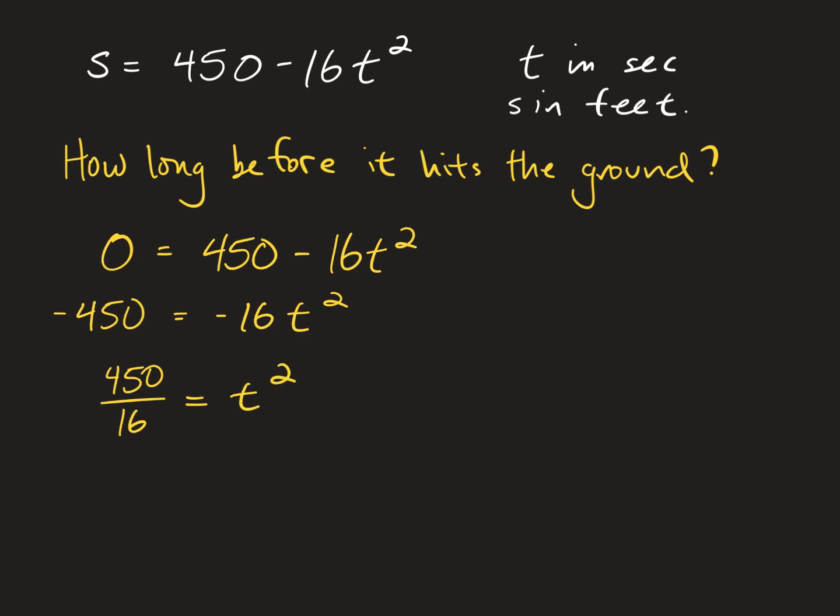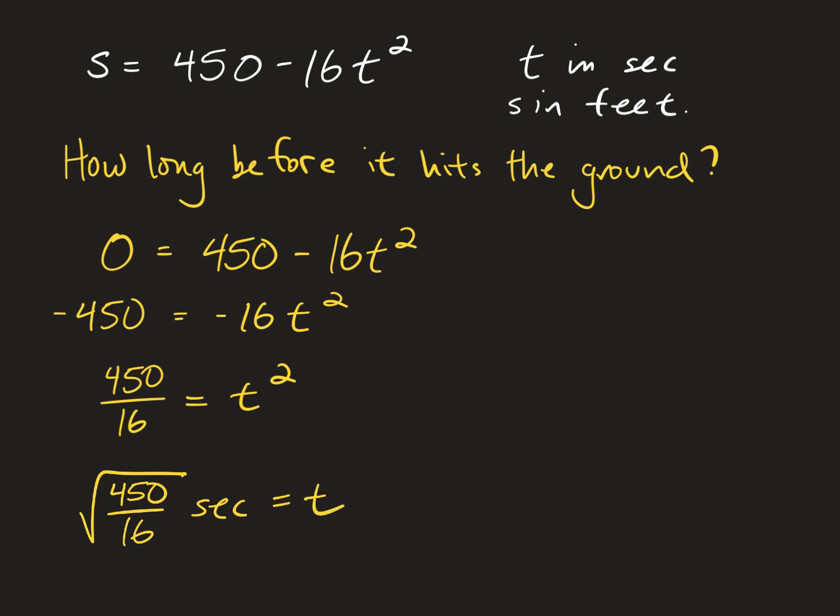And then you could take the square root of both sides, but recognize that taking the square root of both sides would give you a plus or minus in front of the square root of the number, and that time cannot be negative. So we would just leave it as the positive value of the square root of 450 over 16 seconds. And that is what t will equal here.